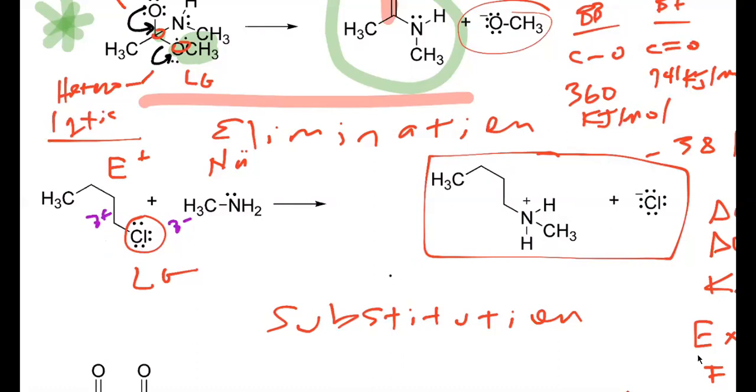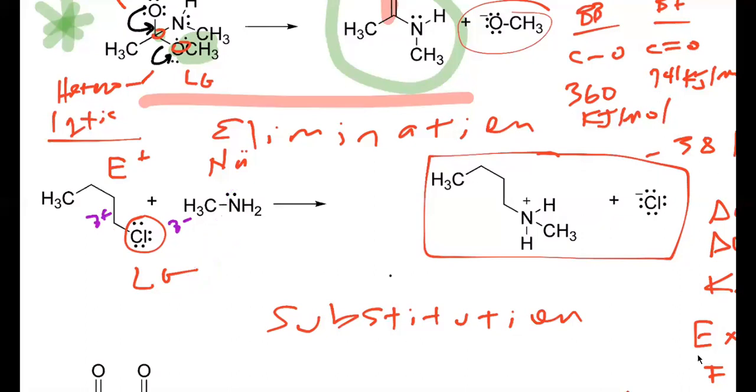I can't draw an arrow from this carbon to nitrogen because if that carbon is partially positive, it does not have any electrons to give away. So I have to draw the arrow from the nucleophile to the site in the electrophile that's going to react. I start the arrow at the electrons, and I end it on that carbon.